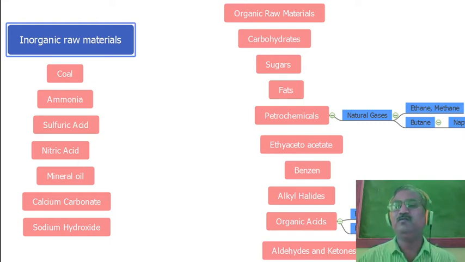So coal or charcoal is one of the key inorganic raw materials utilized in chemical industry. That may be fuel or starting material.